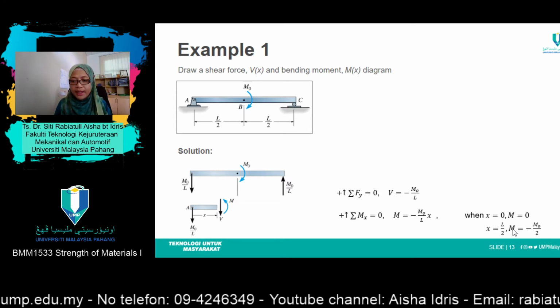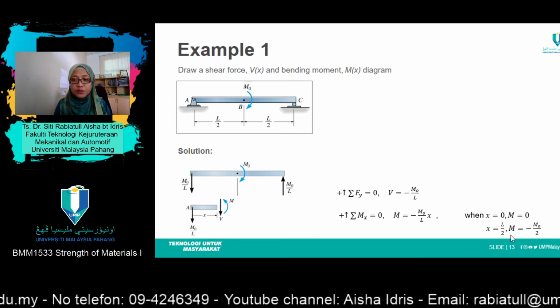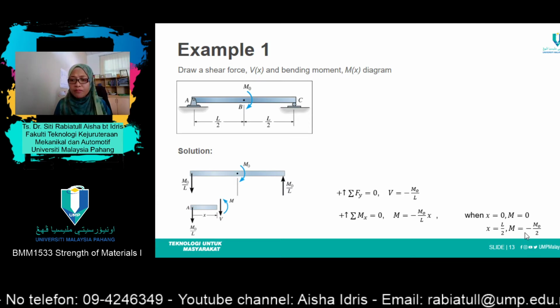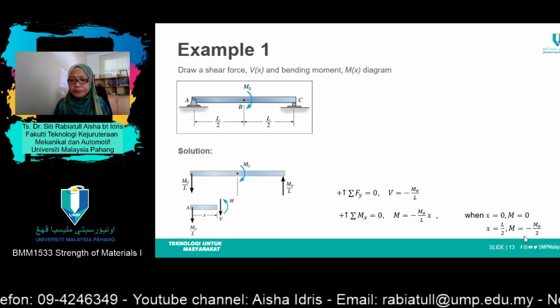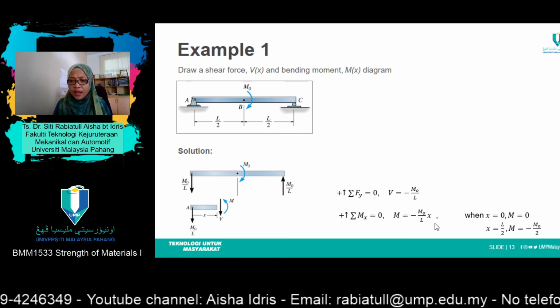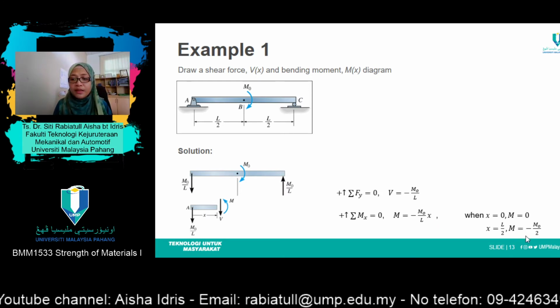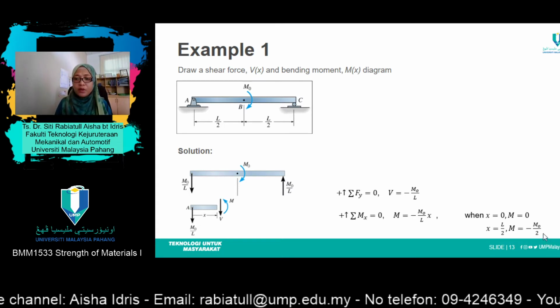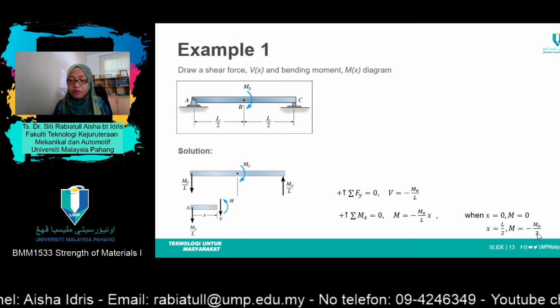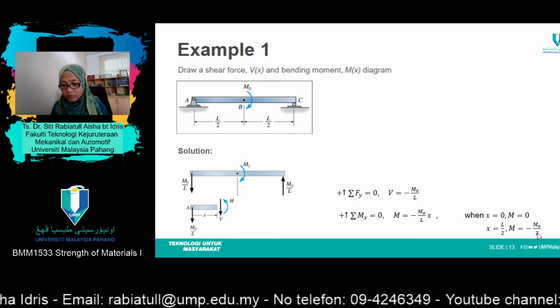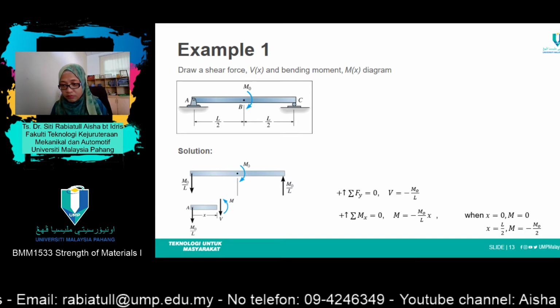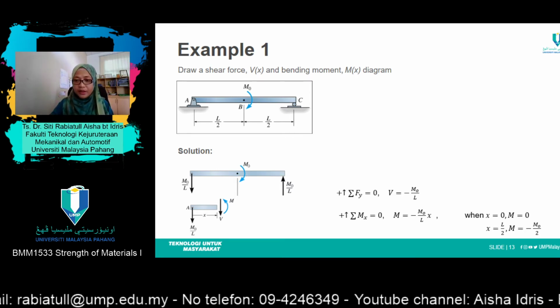The other one is when x equals L over 2, M equals negative M naught over 2.